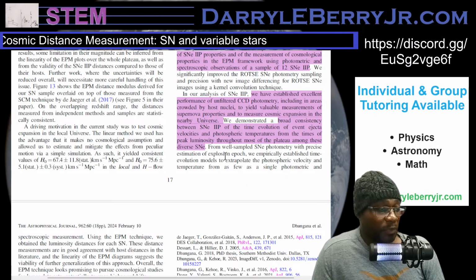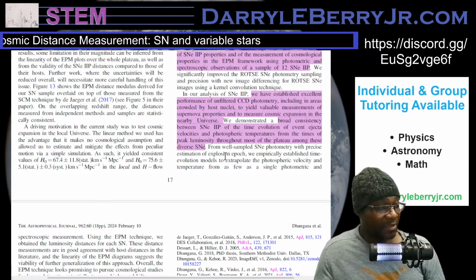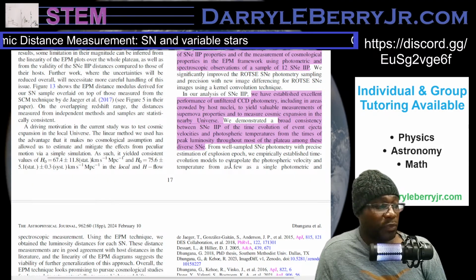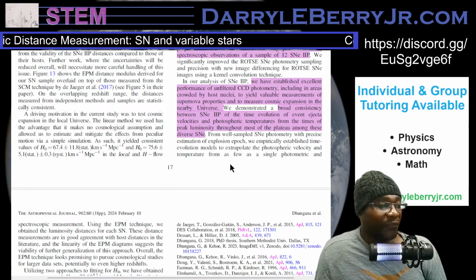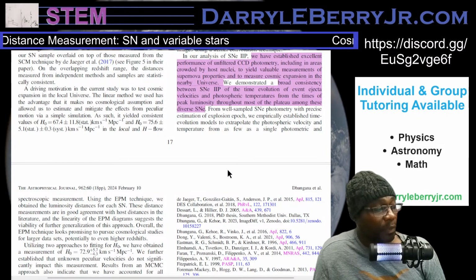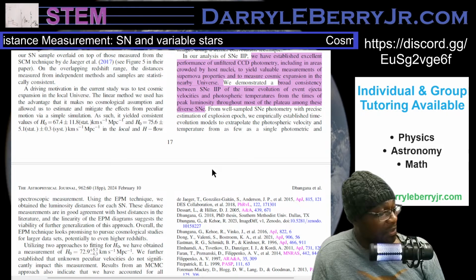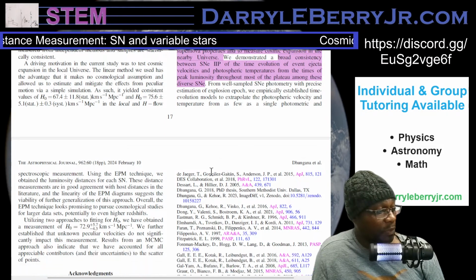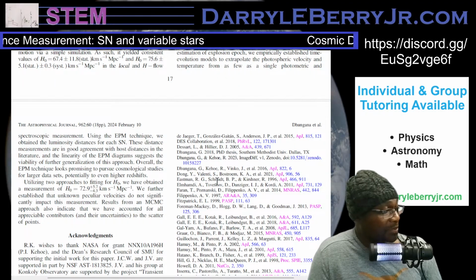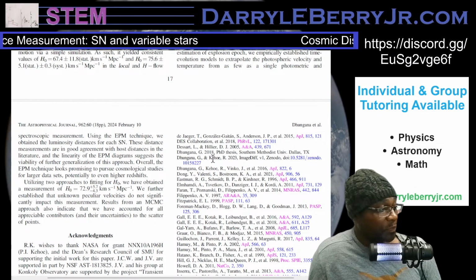From well-sampled supernovae photometry with precise estimation of explosion epoch, we empirically established time evolution methods to extrapolate the photospheric velocity and temperature from as few as a single photometric and spectroscopic measurement. Utilizing the expanding photosphere method technique, we obtained the luminosity distances for each supernova.